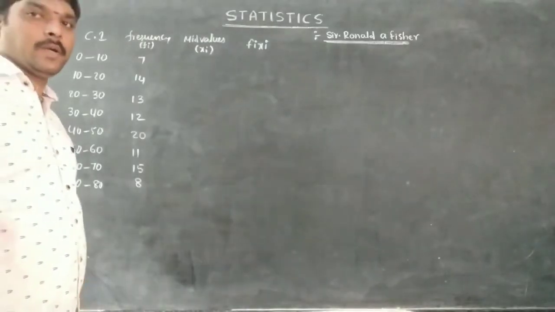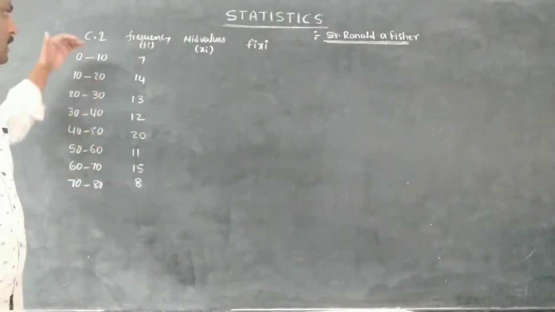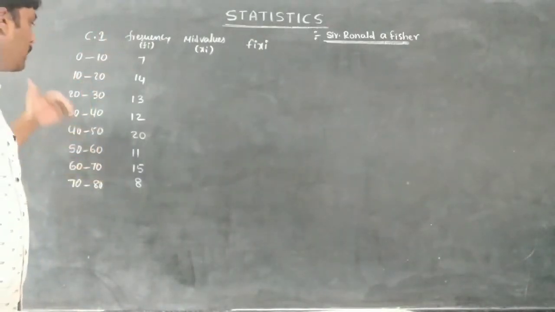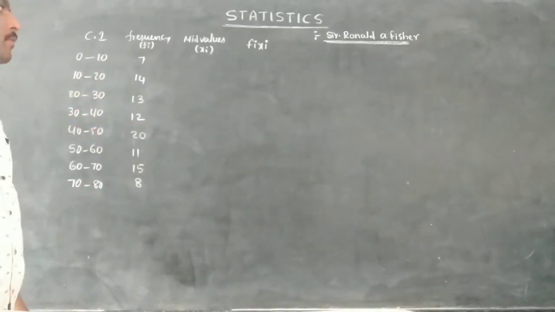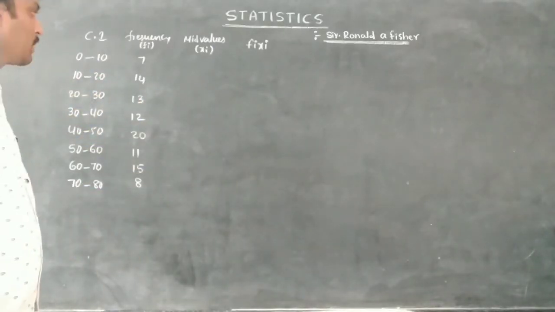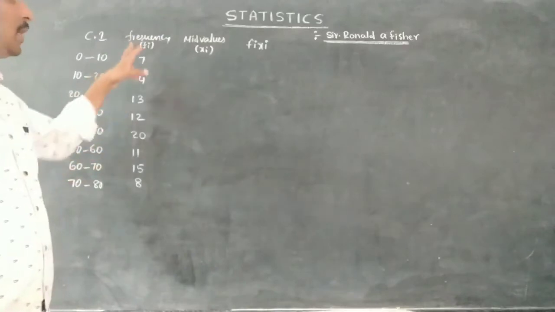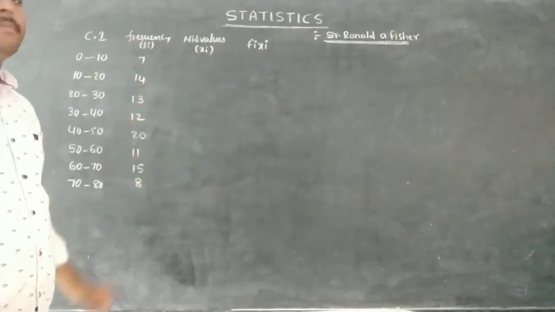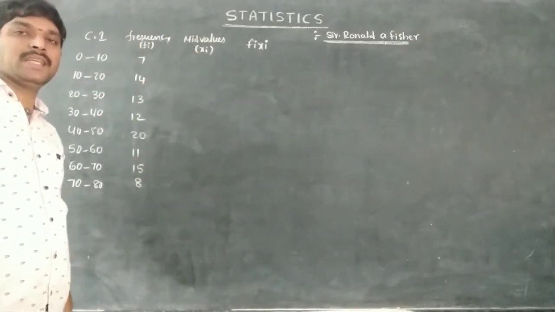Through the direct method, here the data is given as class intervals and frequencies. With the direct method we have to find mean. Class intervals and frequencies are given. We should find mid values, xi.